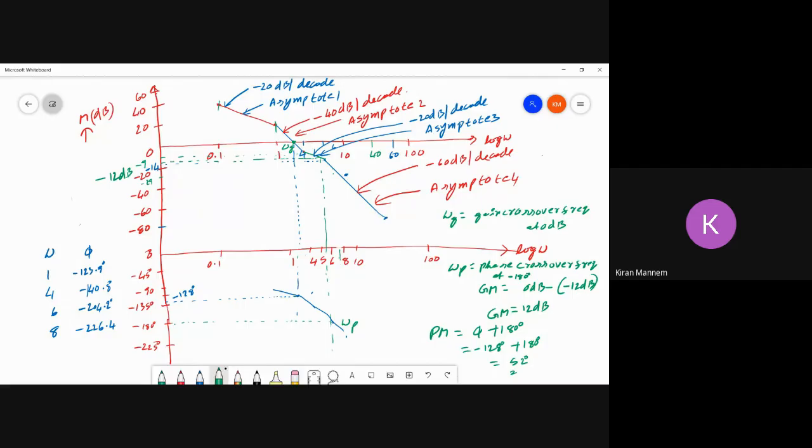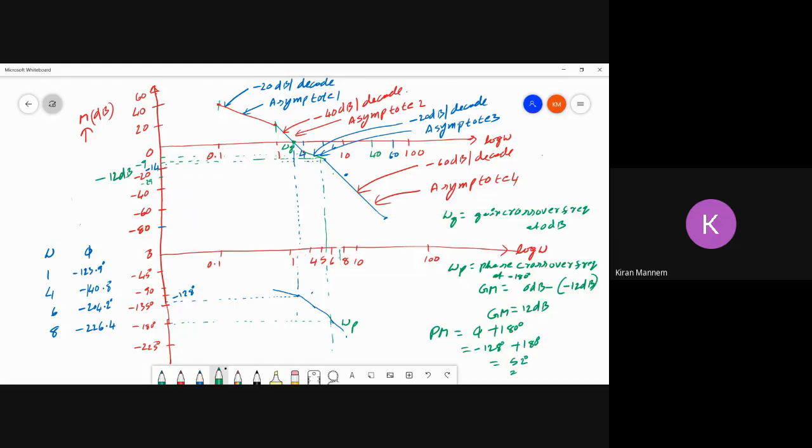For omega greater than omega 1 equal to 1, this factor contributes minus 20 dB per decade, such that the resultant plot of these two factors is the asymptote 2 of the slope minus 20 dB plus minus 20 dB. It would be minus 40 dB per decade.